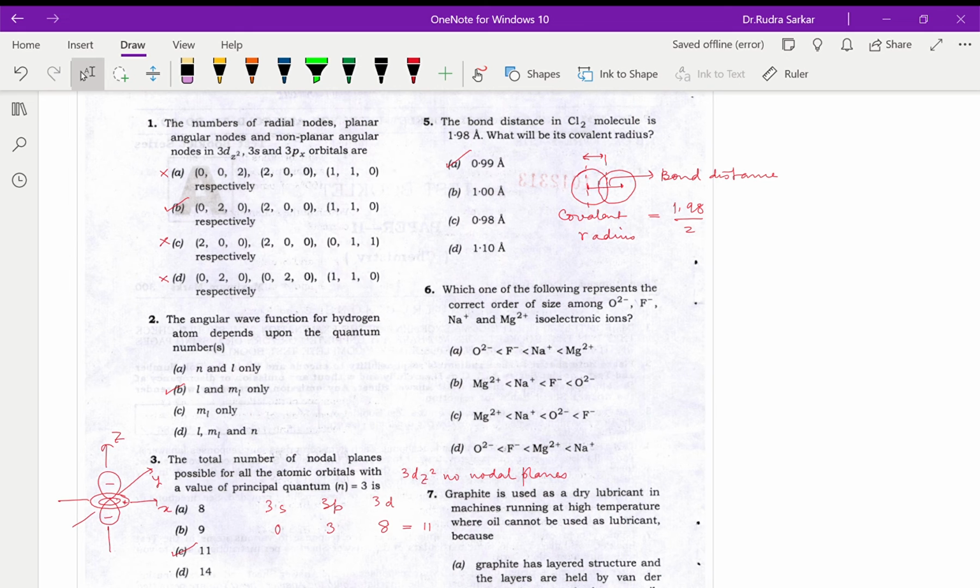So for isoelectronic species, we should know higher charge of anion, larger is the radius or size.